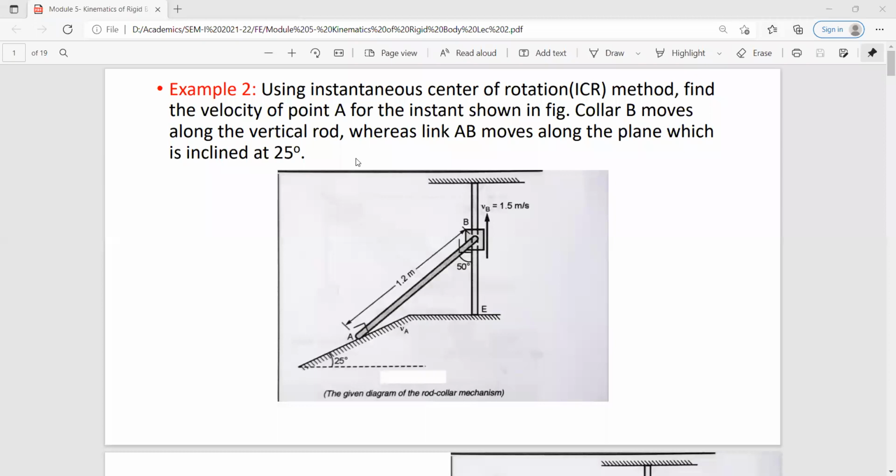Okay, so I think we should start now. Last time we have seen the concept of ICR, that is, the instantaneous center of rotation, and we have seen the different concepts of circular motion.